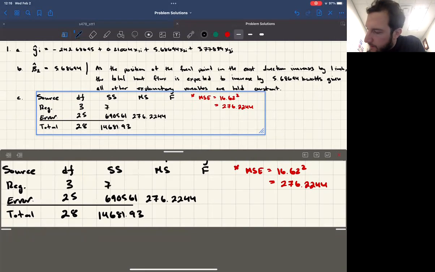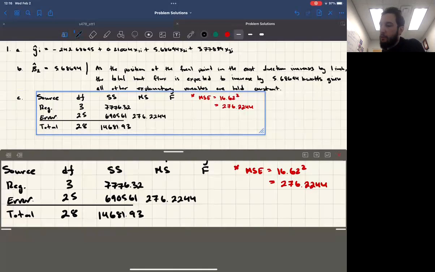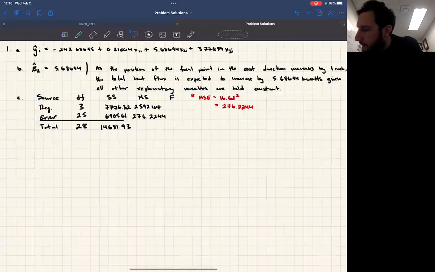So that's 7,776.32. Okay, and then the mean square regression is going to be the SS regression over its degree of freedom. So that'll be 2,592.107. I'll just move this over a little bit.